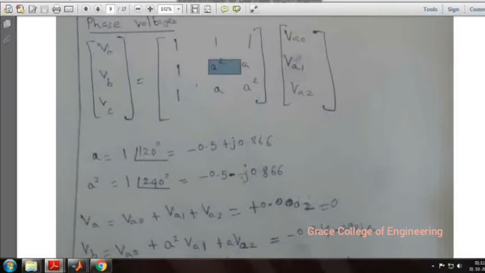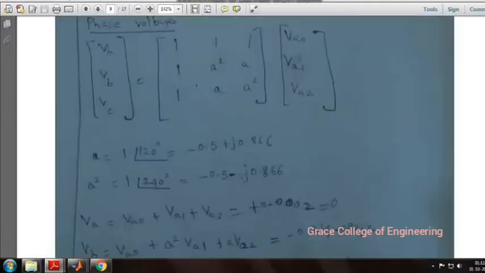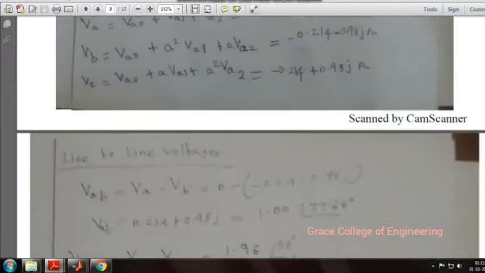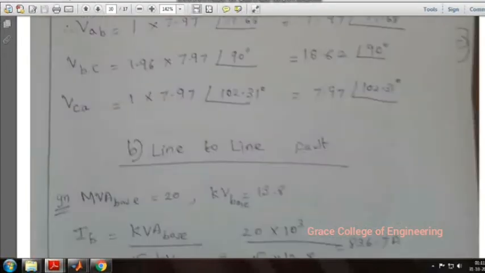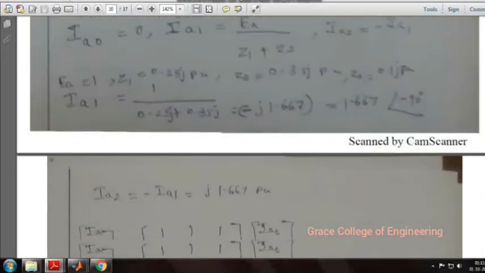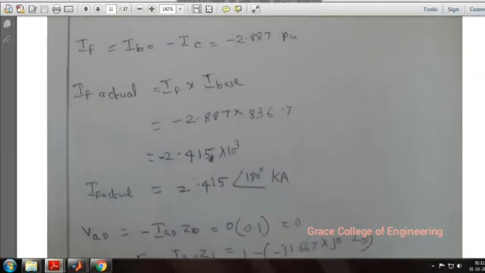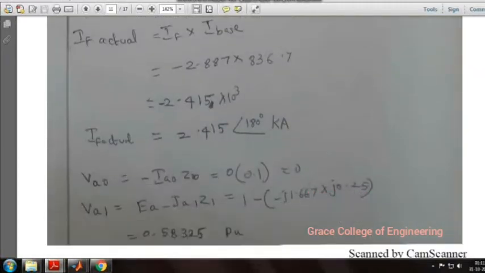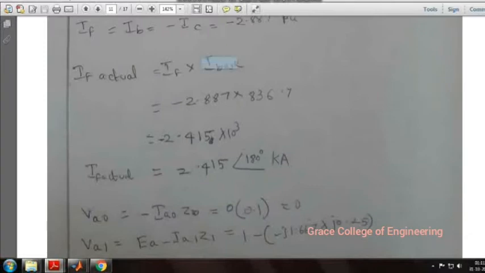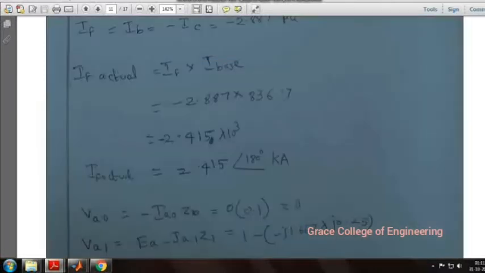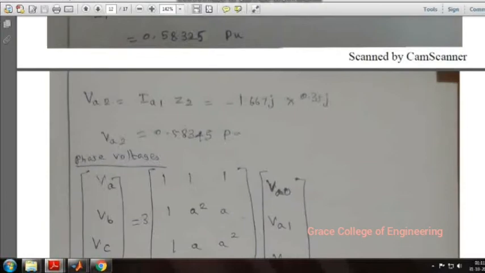In this matrix, A value is 1 angle 120 degree and A square value is 1 angle 240 degree. For line to line fault also, there are different formulas. We can calculate the final fault value by multiplying this base value.